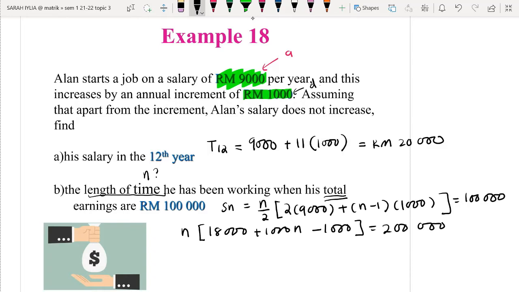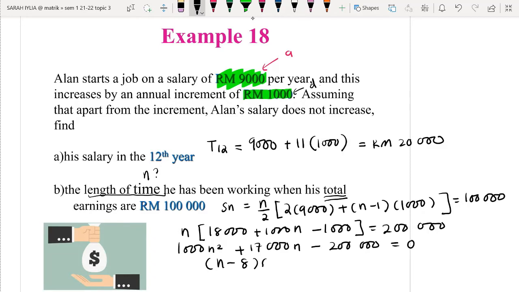And then simplify once again and rearrange, we will get a proper quadratic here. So 1,000 n squared plus 17,000 n minus 200,000 equal to 0.